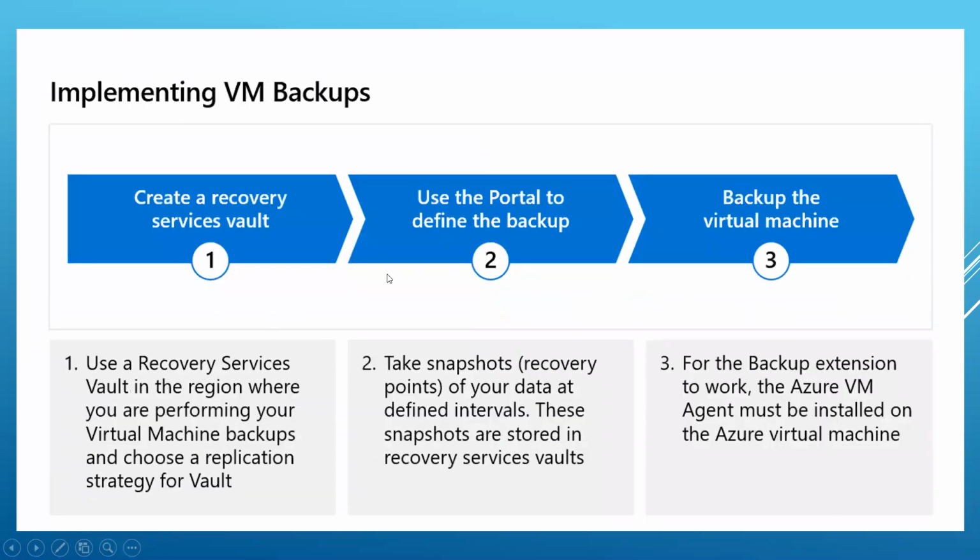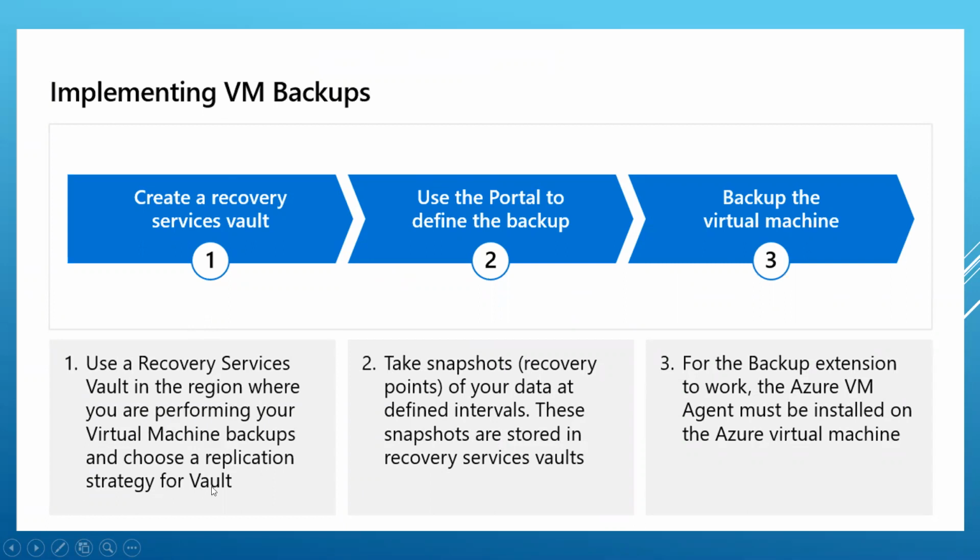So now, before we start with the practical, these are the basic steps. First of all, we are going to create a recovery services vault in the region where you are performing your virtual machine backup, and choose a replication strategy for the vault. Okay.